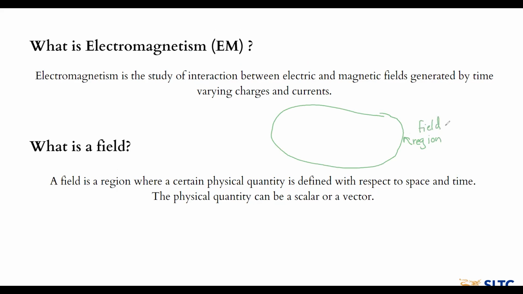So this region with some physical parameters that can be defined with respect to space, that means with respect to the location, and the time, we call a field, right? So the physical quantity can be a scalar or a vector.